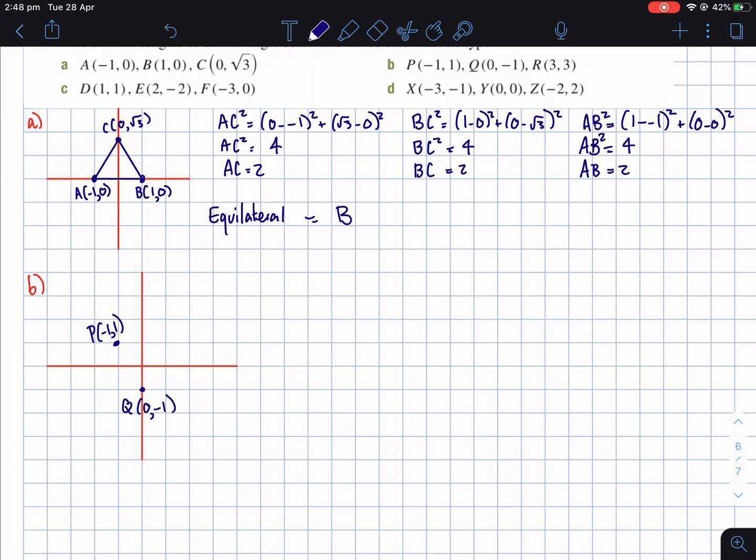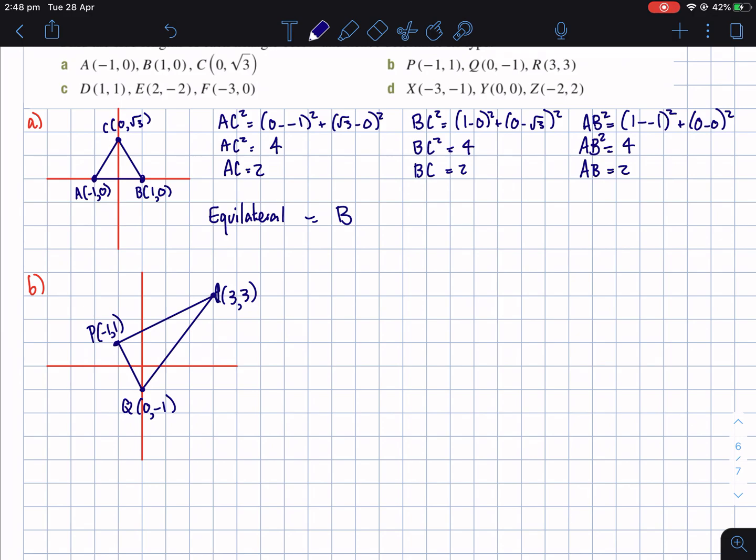We've got the point 3, 3. This might just be our right angled triangle. Let's see. So, and that was R.